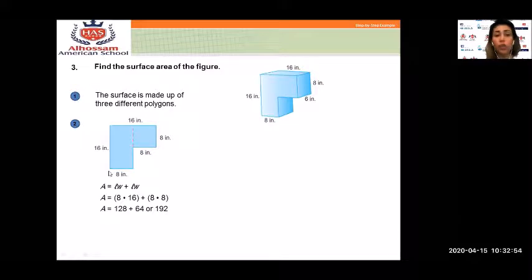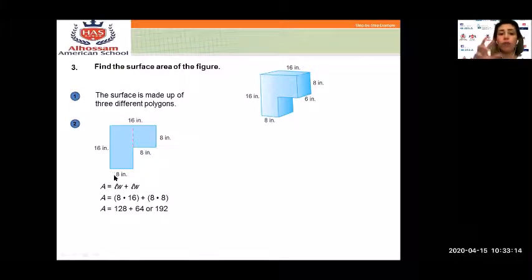So what shall we do to find the area? I will multiply length by width for that part, which is 16 times 8. And we are going to find this for the square, which is 8 times 8. This is the square and a rectangle.